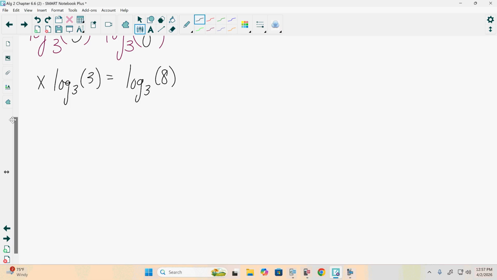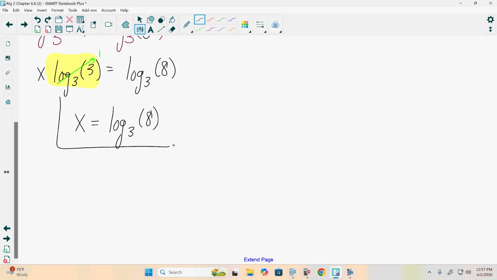And as we said before, log base 3 of 3 is what? This whole thing is 1. Because when the base and what's inside are the same, it's going to reduce to 1, which is telling me I have 1 times x, which is just x. Telling me x is equal to log base 3 of 8.